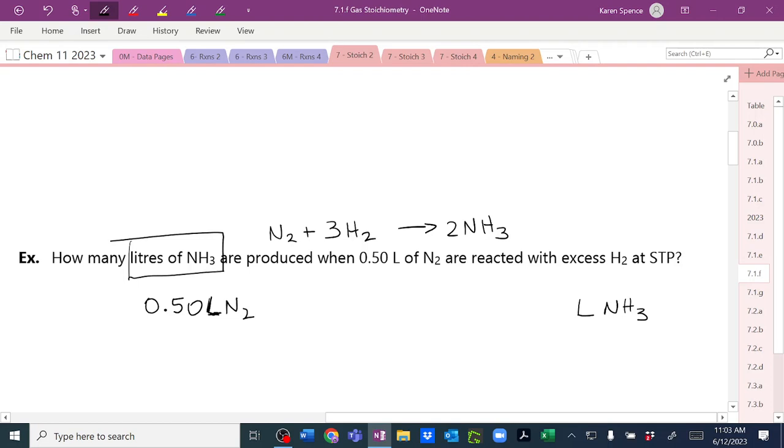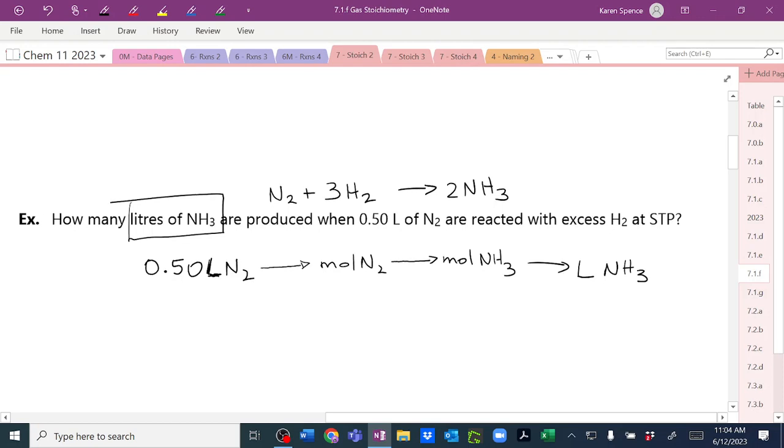Now, if we're following our stoichiometry rules, step number 1 is to convert to moles. Moles of what? N2. And then step 2 is to convert to moles of the second thing, which is NH3. And then finally convert from moles to liters.